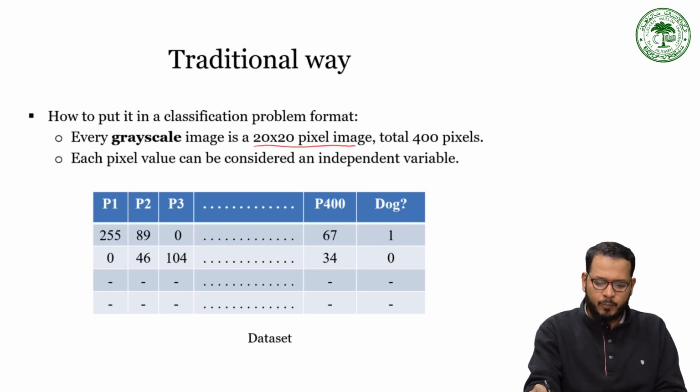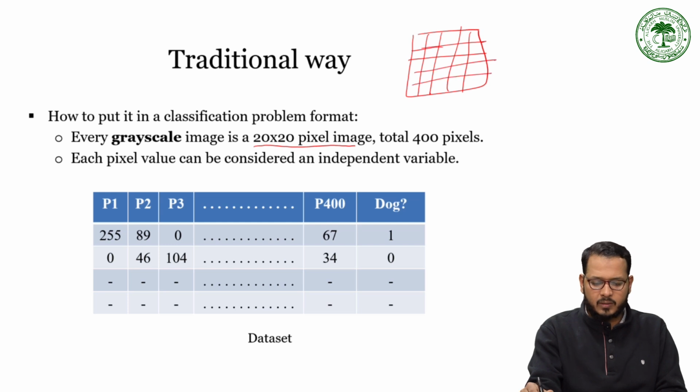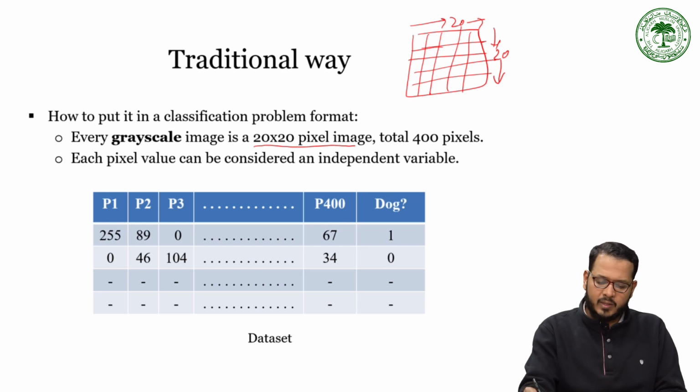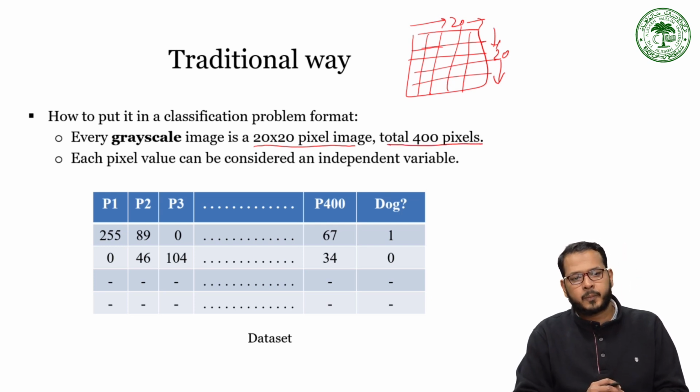That is, if the image is this, it is made up of many pixels, where we have 20 pixels in this direction and 20 pixels in this direction. So overall, we have 400 pixels.